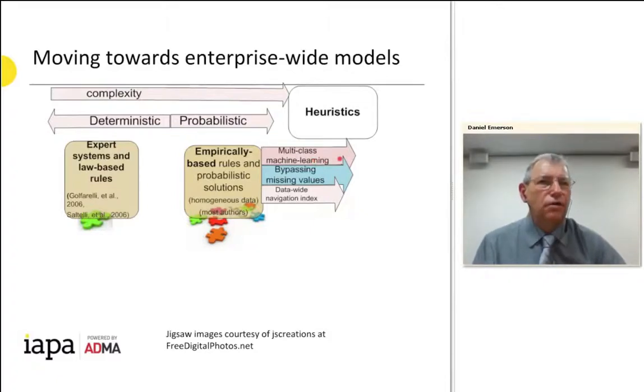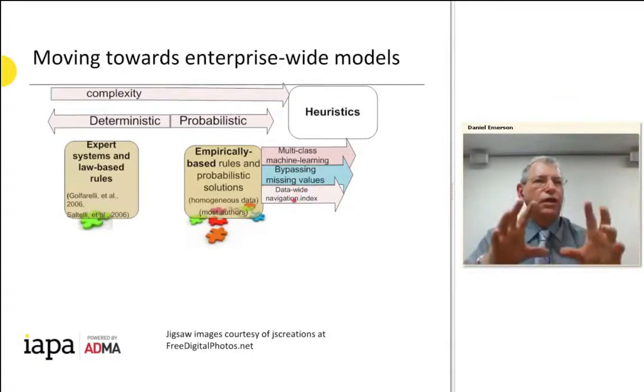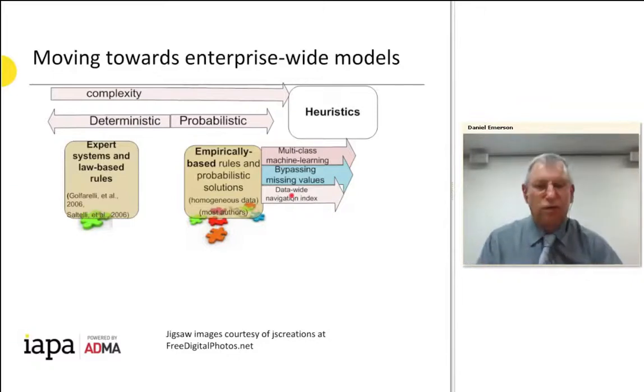And in our methodology, we've managed to bypass the missing values that are so prevalent and tend to fragment the data. And in this methodology, there's a data-wide navigation index, so that when we're trying to place an instance into the network, it can be done on its characteristics.